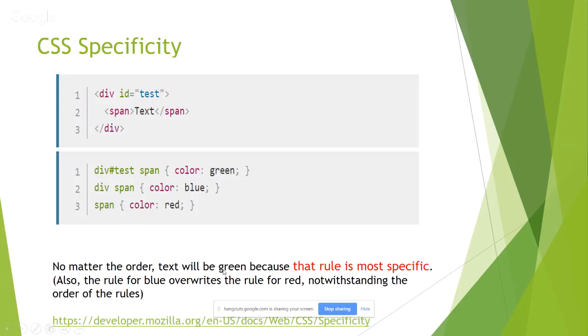No matter the order, text will be green because that rule is most specific. Also, the rule for blue overrides the rule for red, notwithstanding the order of the rules. So, specificity means the rule that is more specific defines the very specific element by its name, type, or ID.